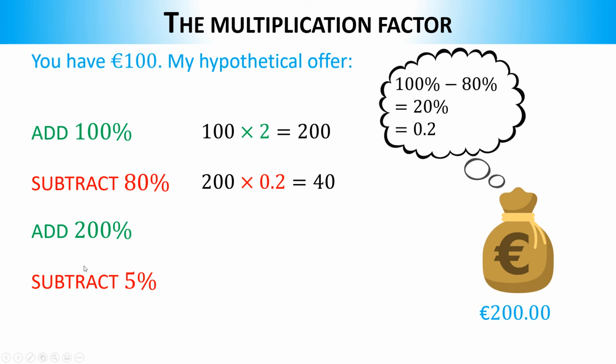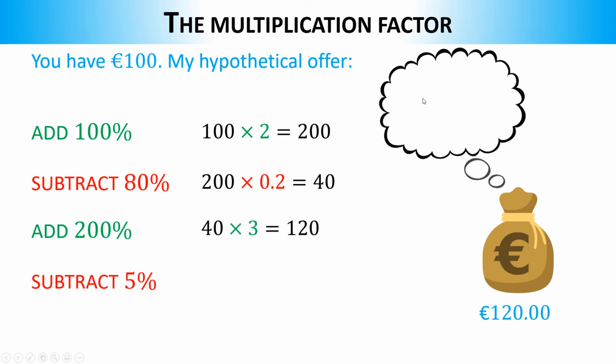Now we add 200%, so that means we end up with 300% of our starting number, and that means we multiply it by 3. 40 times 3 is 120. And finally, subtracting 5% means we end up with 95% of our starting number, so that means we multiply it by 0.95.